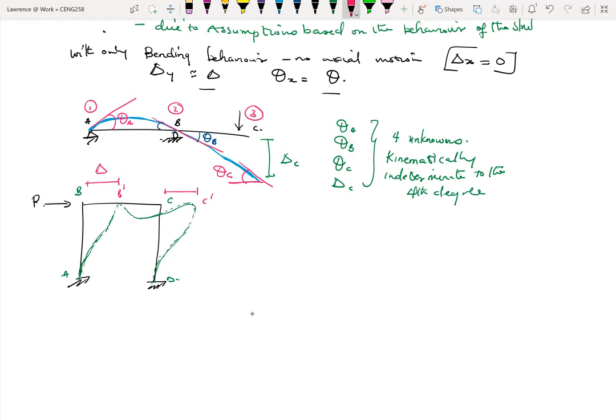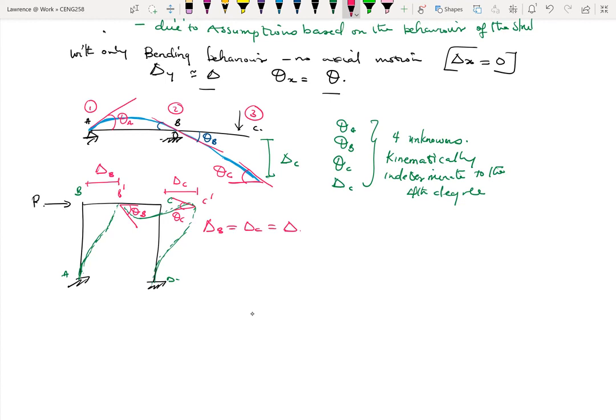Let's call this delta B, and I call this delta C. And at the same time, we'll have some rotation also, theta B, and also some rotation here, theta C. In a case whereby theta B is equal to theta C, then delta B is equal to delta C. Then we have only one delta because of the way the configuration is.